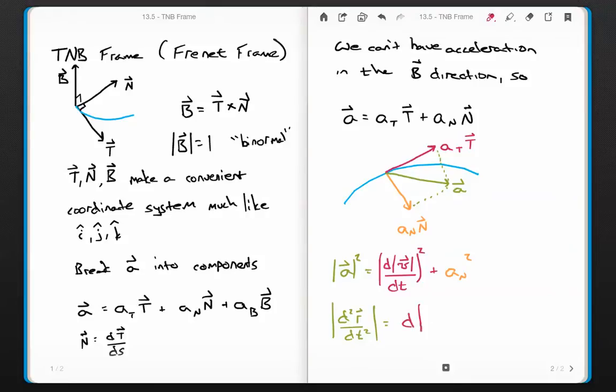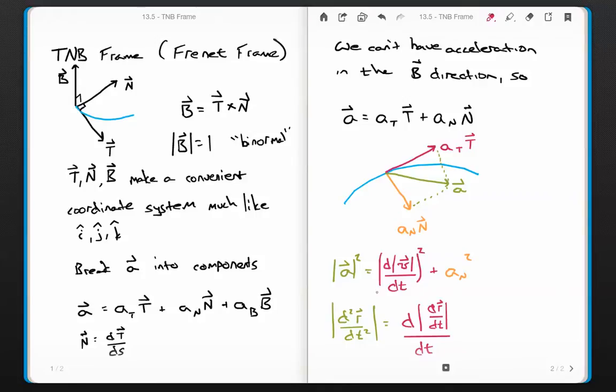Well, what is this? This is the differential of the first derivative of the position vector, with the magnitude of that. So I find the derivative of position. I take the magnitude to get the speed, and I see how the speed is changing, and that really is the tangential component.